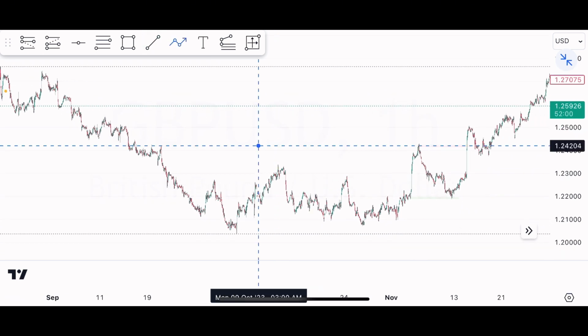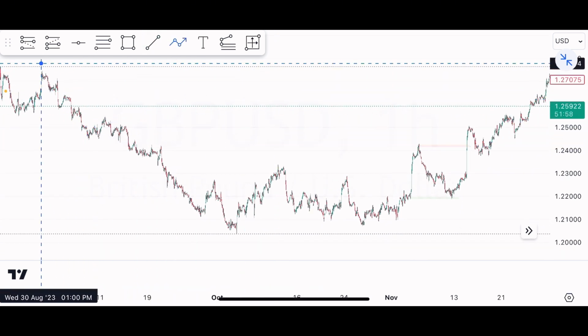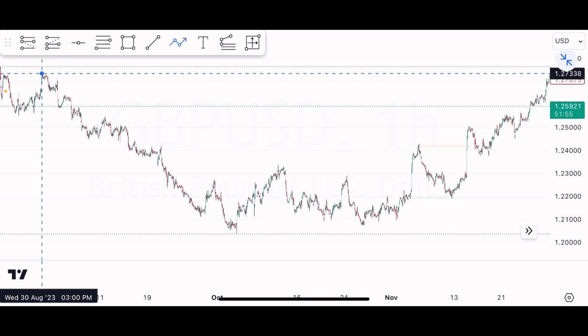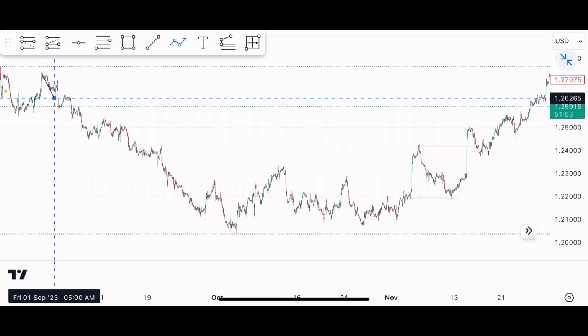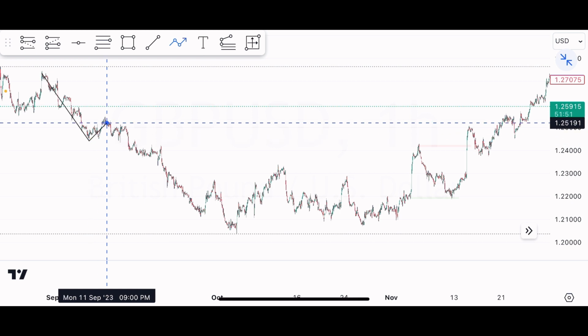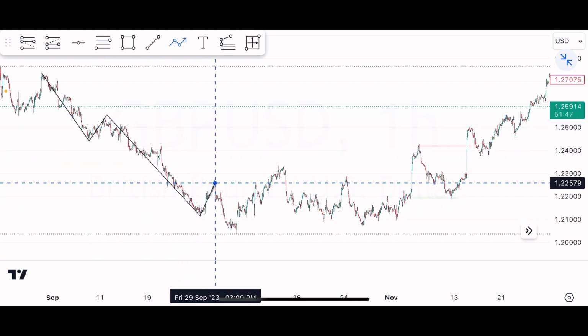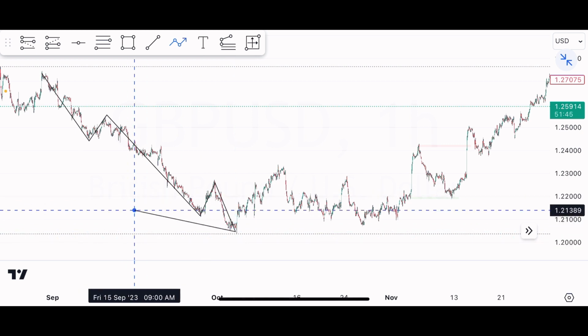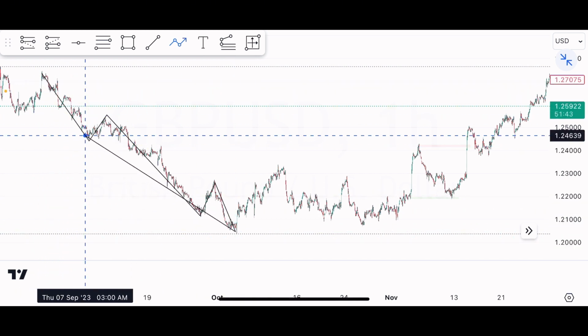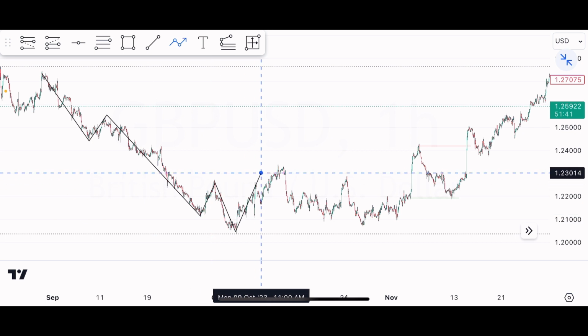So now that is done, let me show you market structure switching from a downtrend to a buy trend. Here we have a series of lower lows, lower highs, lower lows, lower highs. I'm just summarizing everything here because there are a series of minute movements, but you get the point.